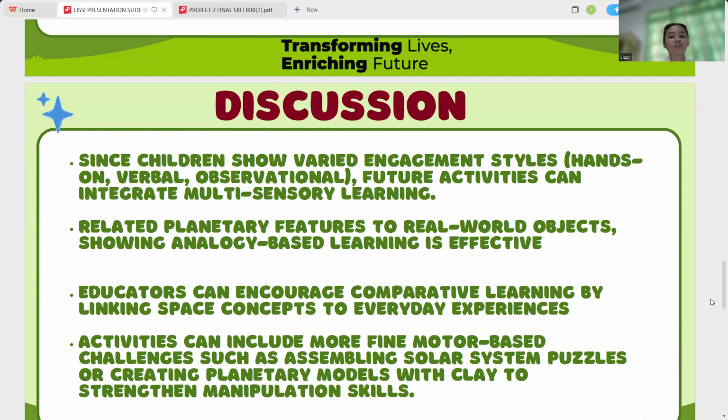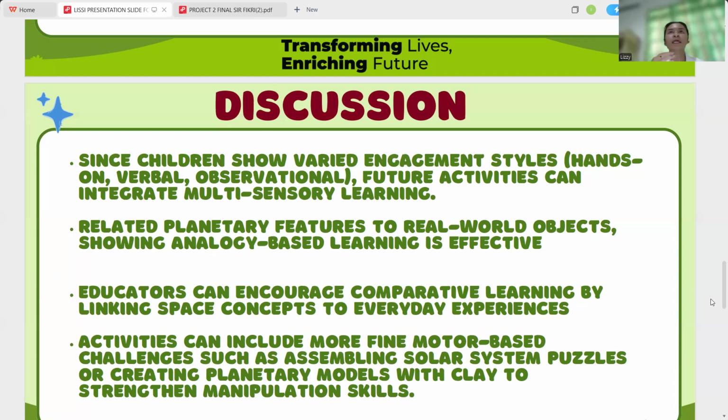Relating planetary features to real-world objects, showing that analogy-based learning is effective. Educators can encourage comparative learning by linking space situations and space movement concepts to everyday experience.